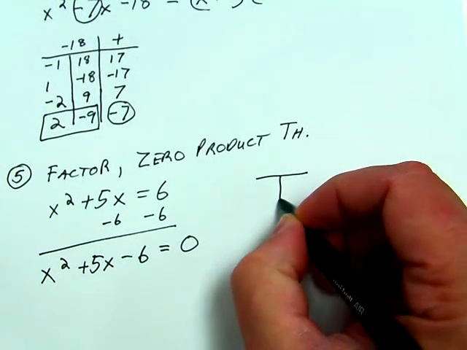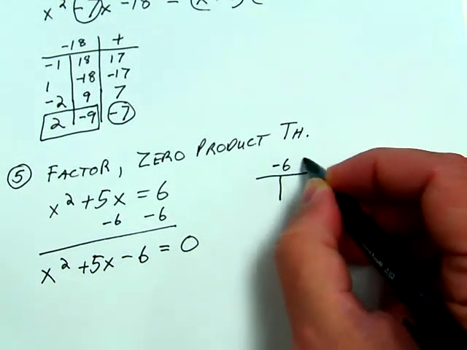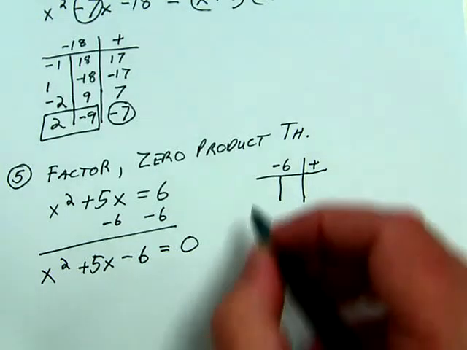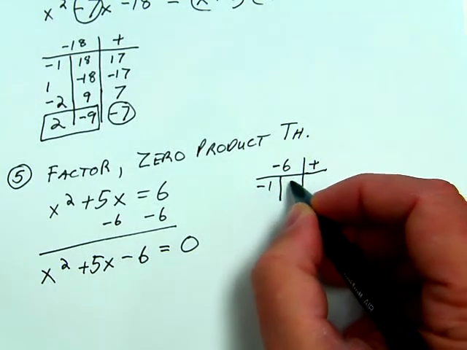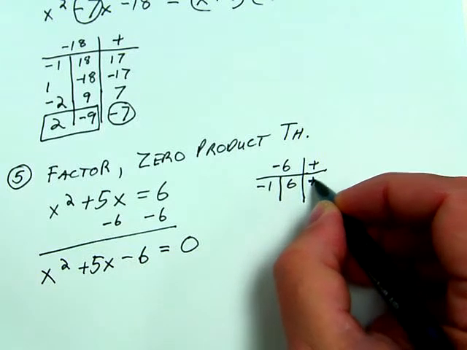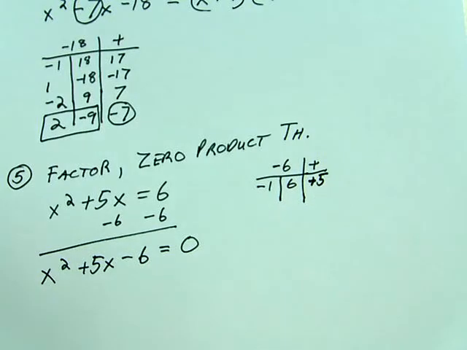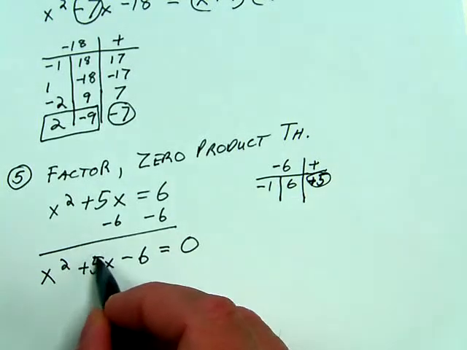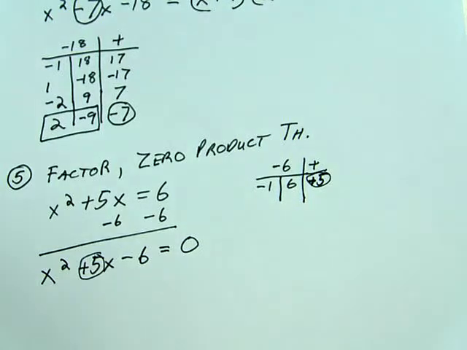I need to factor to get to -6, but when I add it, it needs to be +5. So -1 times 6, added together, is +5. And right off the bat, I found an answer. Okay? So I know that this 5 is right because it matches this +5 right here.